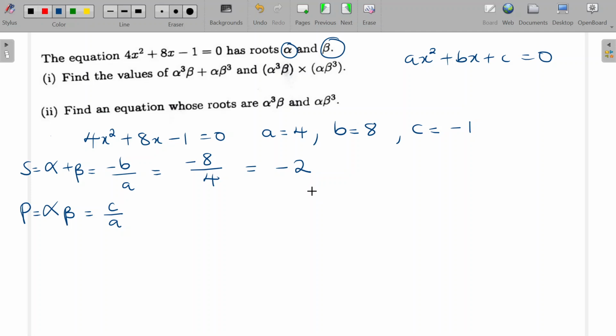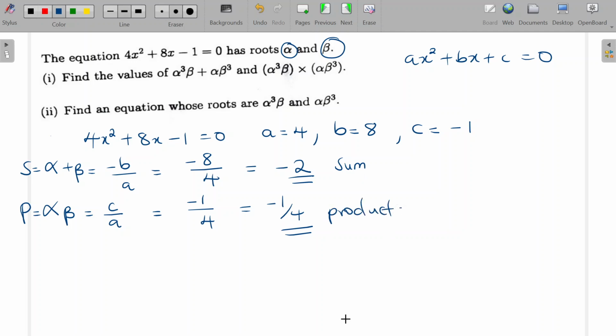That is the sum of the two roots of this equation. Our product is c over a, which is negative 1 over 4. So this one is the sum, and this is the product.